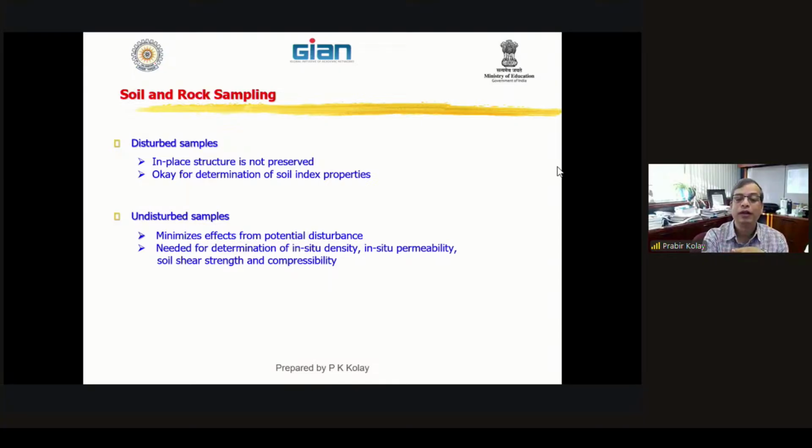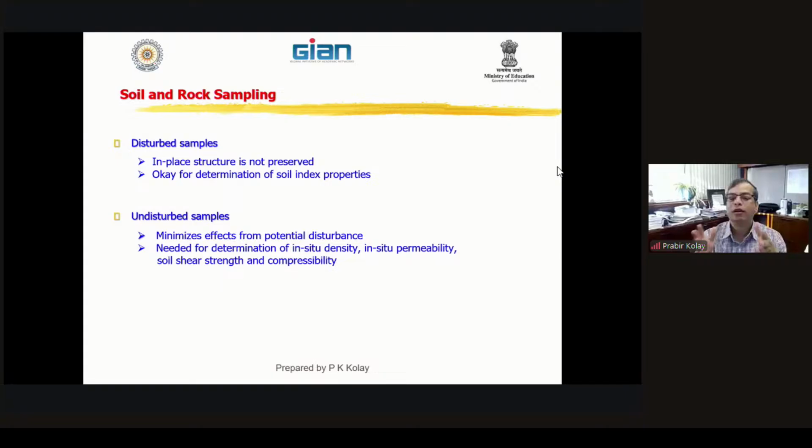We need an undisturbed sample because, as I mentioned in the last class, when it's a clay type of soil, clay has different fabric arrangements. It can be flocculated or dispersed. Although you can maintain the same density in the lab, you cannot really replicate the fabric.